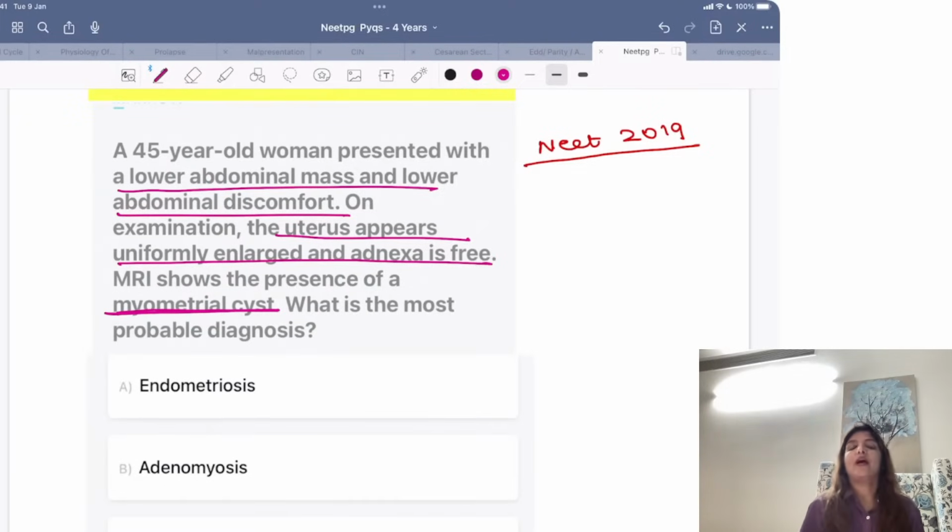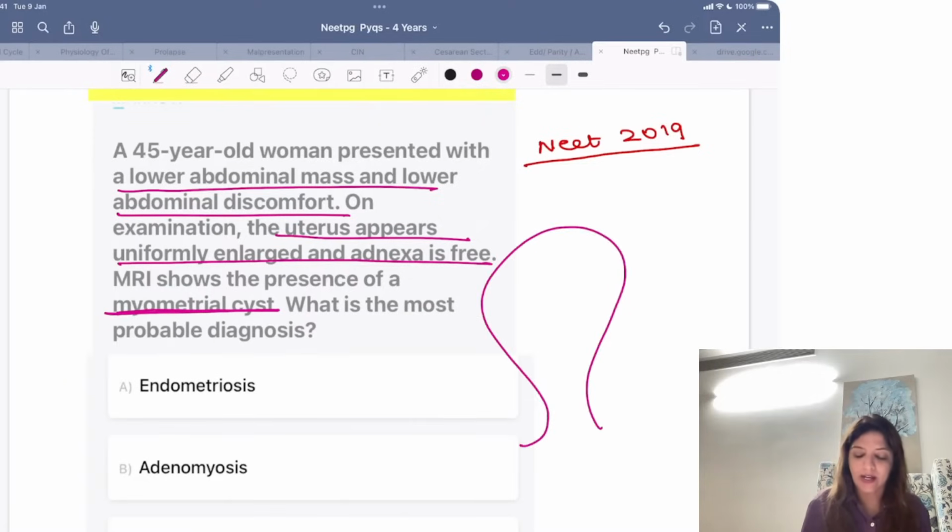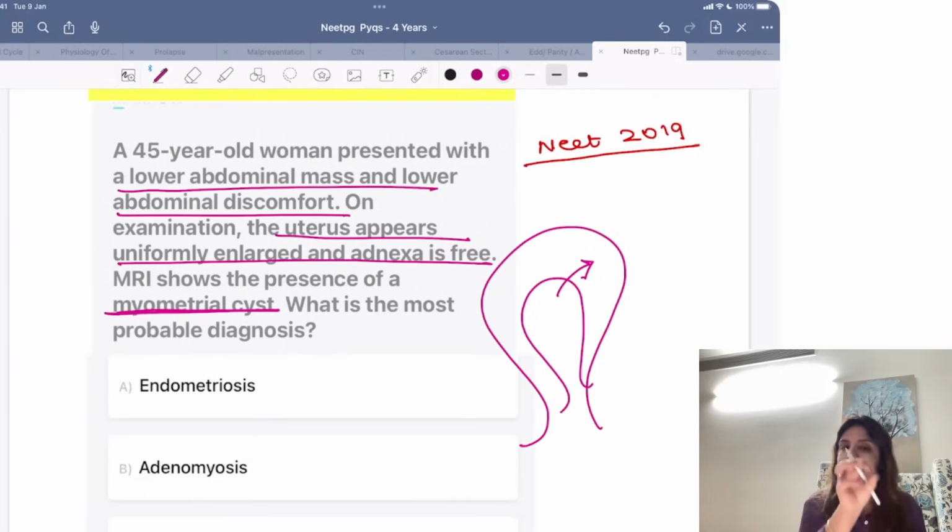What is the most probable diagnosis? Please remember, on MRI, if you are getting a myometrial cyst, that means something fluid is there, right? So what happens in adenomyosis? In adenomyosis, endometrium enters into myometrium. Endometrium has glands.